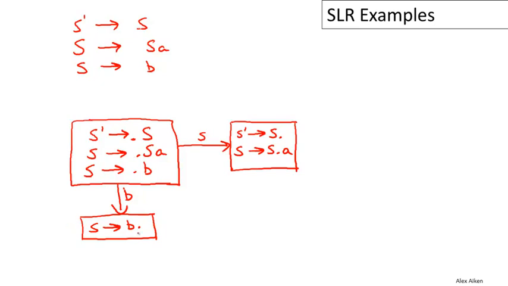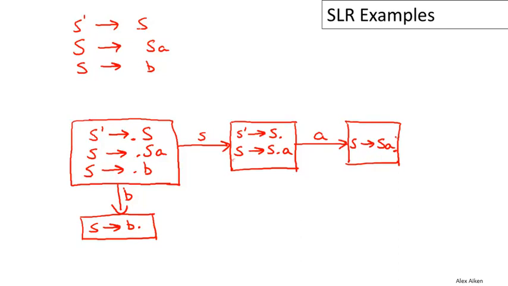There are no more transitions possible. There's only one item in the state, and the dot's all the way at the right-hand side, so that state is completely done. In the state over here on the right side, one of these items is complete, but the other item still has an A, and so there could be one more transition out of this state to the item S goes to SA dot.